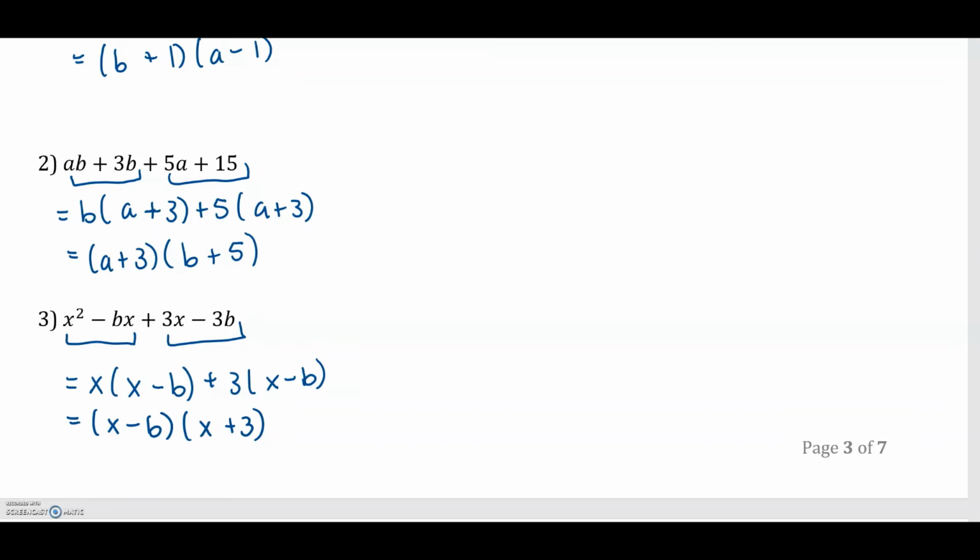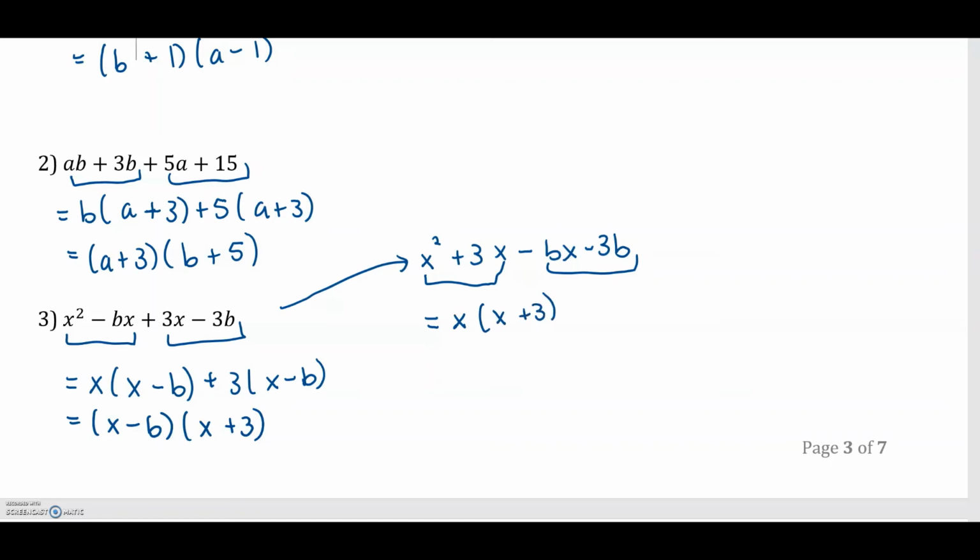For example, with the third example, if we were to write this expression in a different order as x squared plus 3x minus bx minus 3b, we can again group the terms and common factor in each of those groupings, and we're left with x plus 3 and then minus b, x minus 3, rather x plus 3.